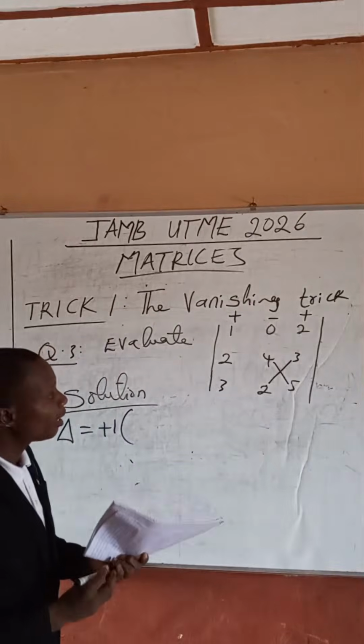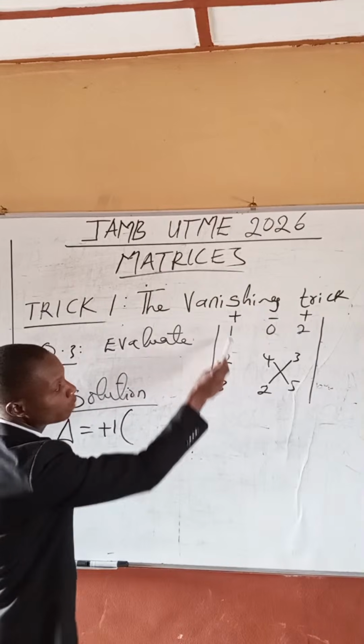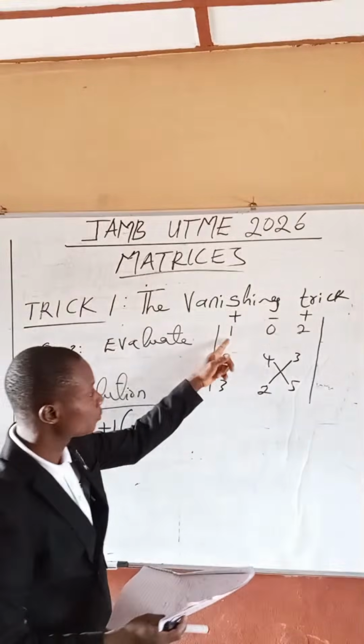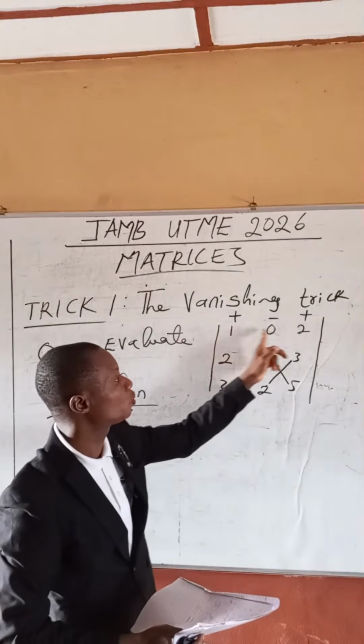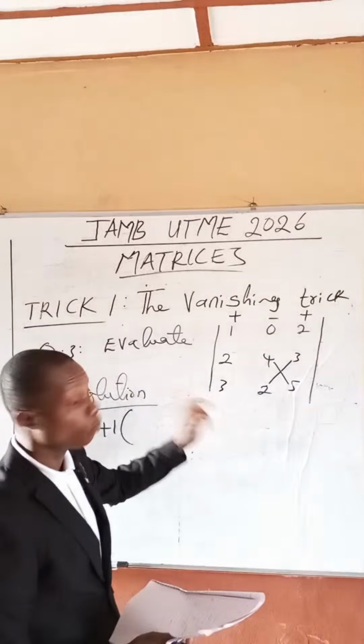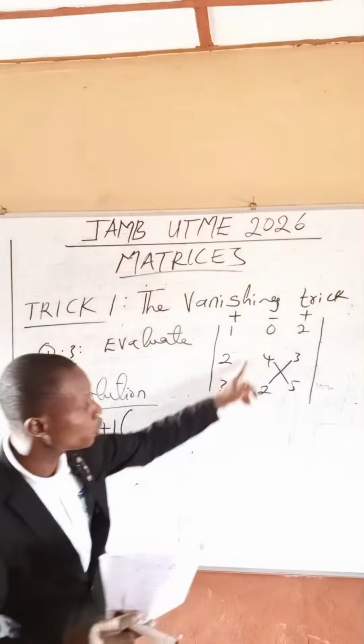Remember, we have already crossed this one because it is the row in which one belongs. Okay, one belongs to this row, to this column. Therefore, we have crossed the row and crossed the column for one. So we are left with this because we did not cross this one.